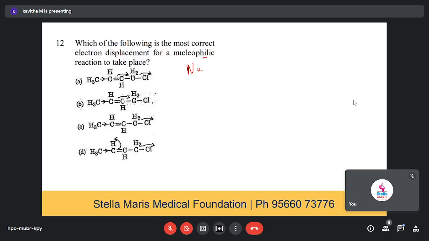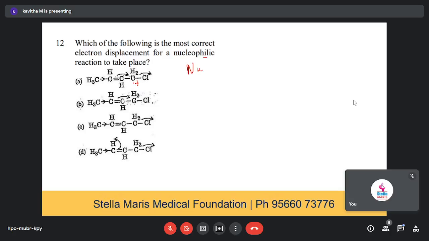The outgoing group should go with a negative sign. That is, in the first one, in this carbon, after Cl goes out, you have a positive sign.